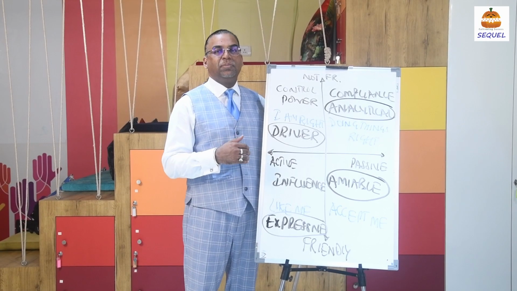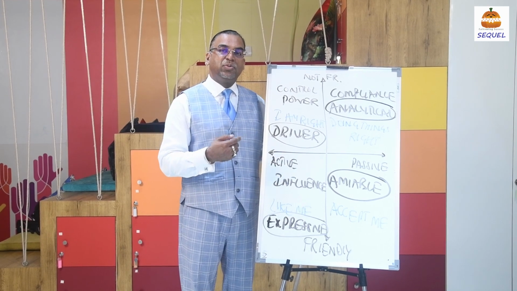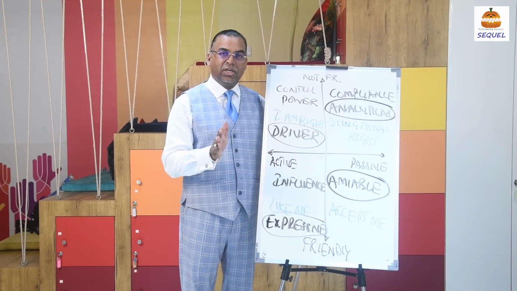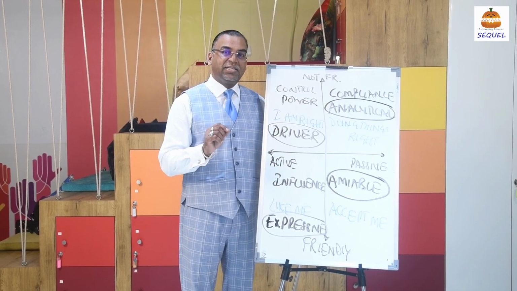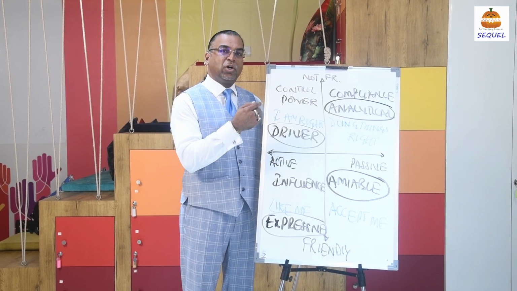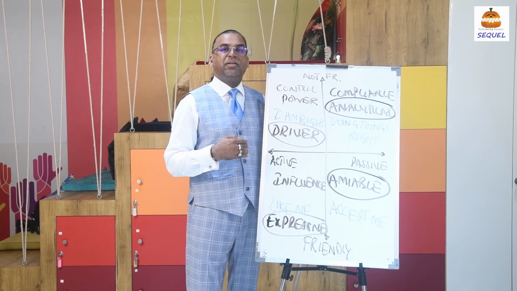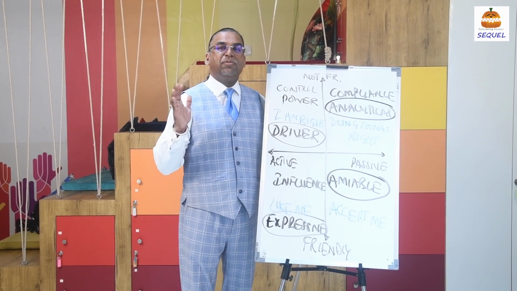Now you've understood the four styles. Please understand how they communicate as well. A driver tends to speak very fast. As I said earlier, they're highly goal-focused, business-oriented, they will talk to the point. Neither here nor there. So they will talk less, but whatever they talk will be primarily on work. Expressive, on the other hand, will be very, very generous with words. They will talk about any and every topic under the sun.